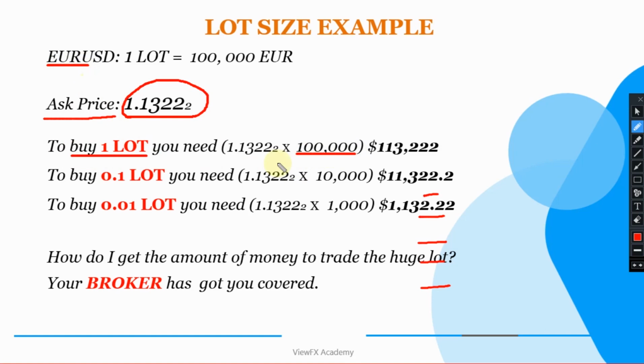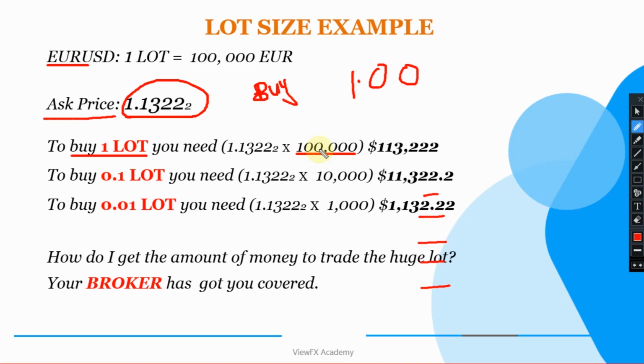So when you click buy and you choose 1.00 as your volume, a standard lot, what you're buying is the price multiplied by the units. I don't know if you get this.